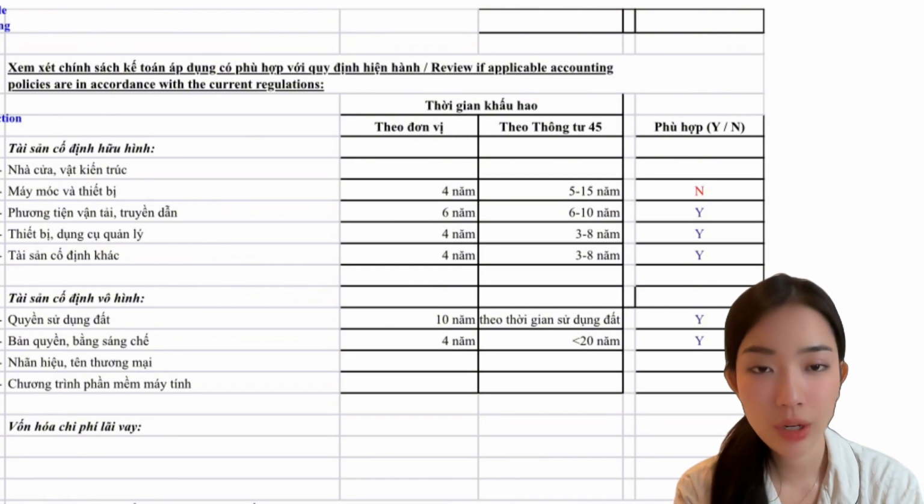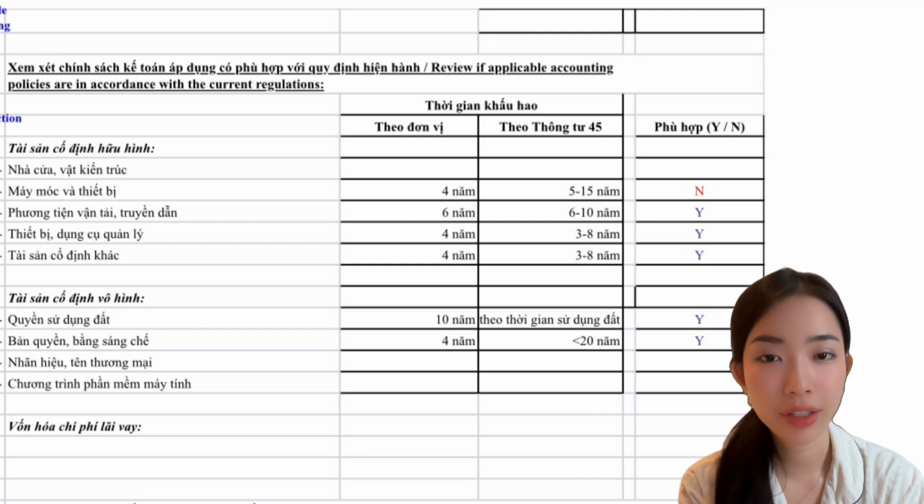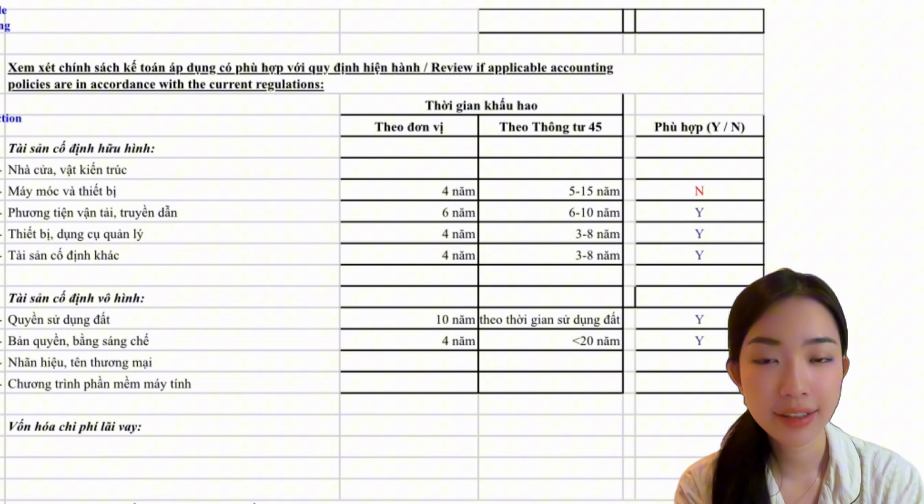Other fixed assets 3 to 8 years too, and land use right depends on the land use period. Copyright under 20 years. We assess them respectively as follows. No for machinery and equipment, yes for means of transportation, yes for management tools and equipment, yes for other fixed assets, yes for land use right, and yes for copyright.